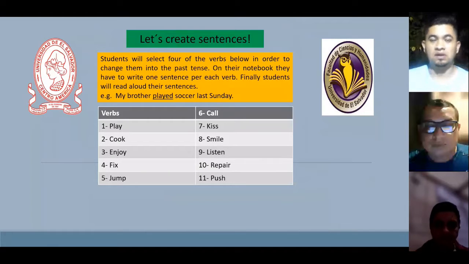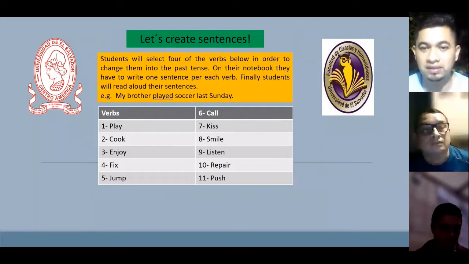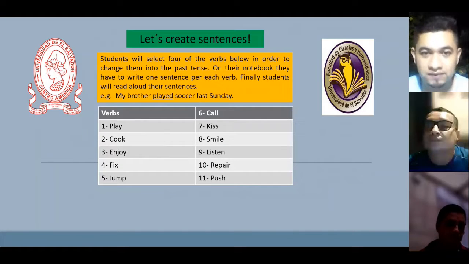Now we have our first activity, guys. In this case, we are going to create sentences. So Julio, you are going to select 4 verbs and write 1 sentence per verb.